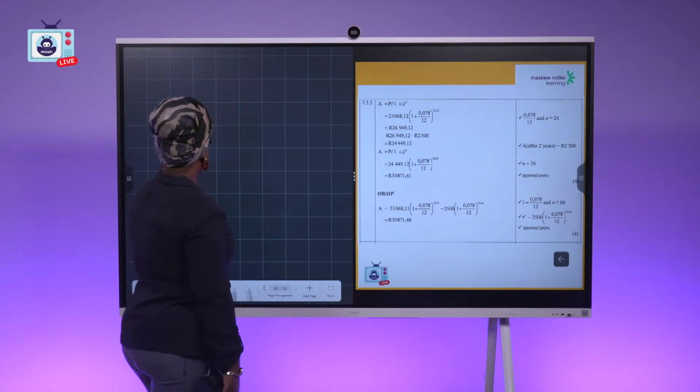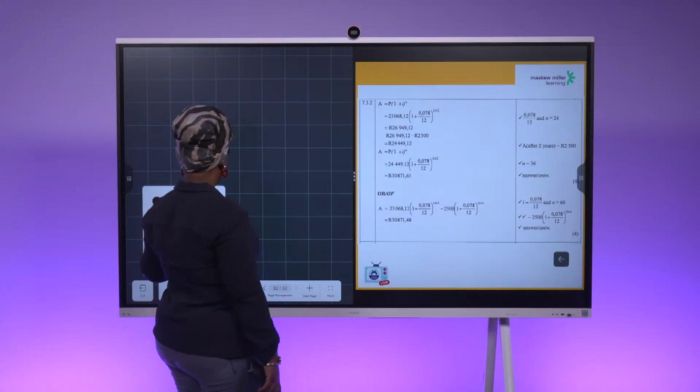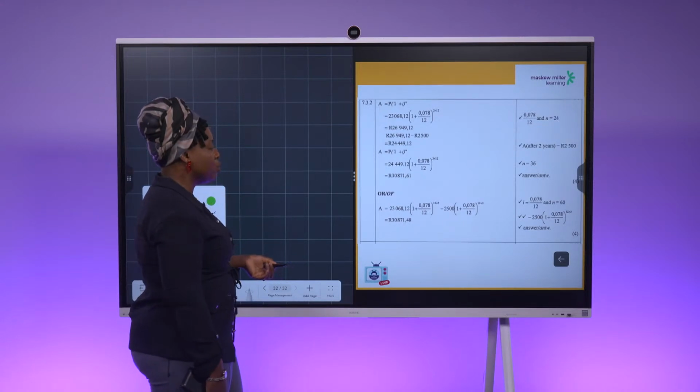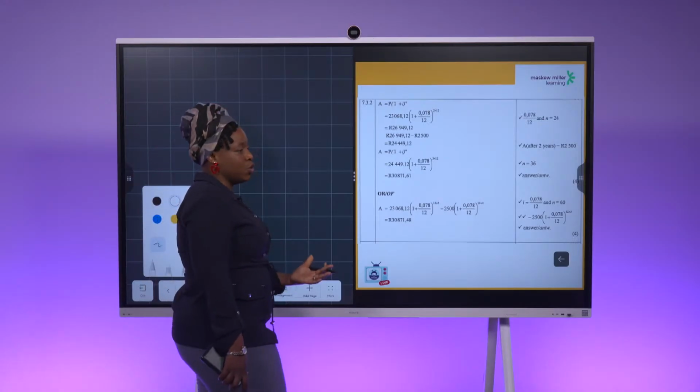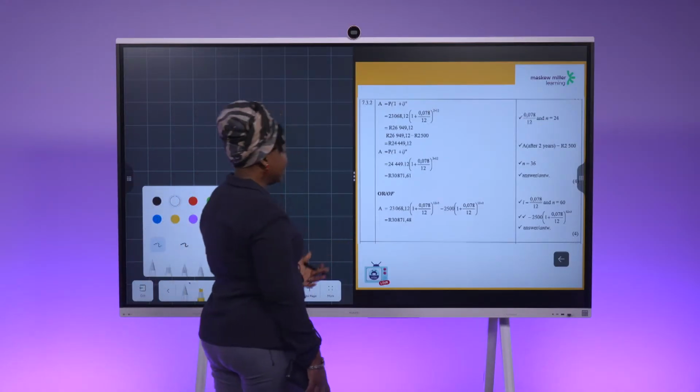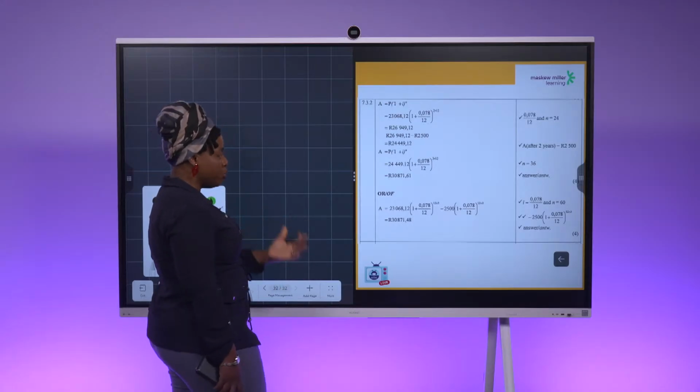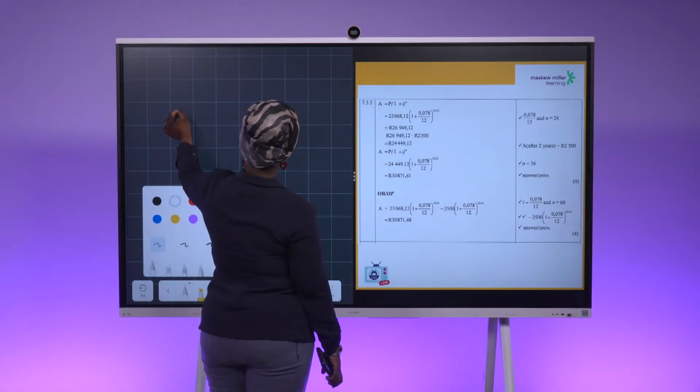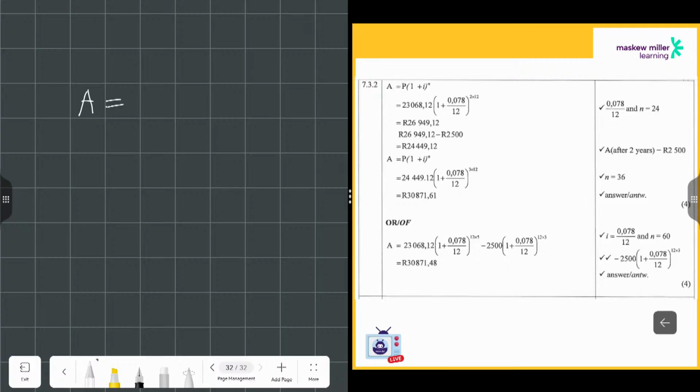With this one, you're also going to use 2 formulas. Why are we using 2 formulas for this one? To actually subtract the withdrawn amount. So that's why I said you need to account for the withdrawal. So let's use the method. We have A equals P(1 plus i) to the n. Why?